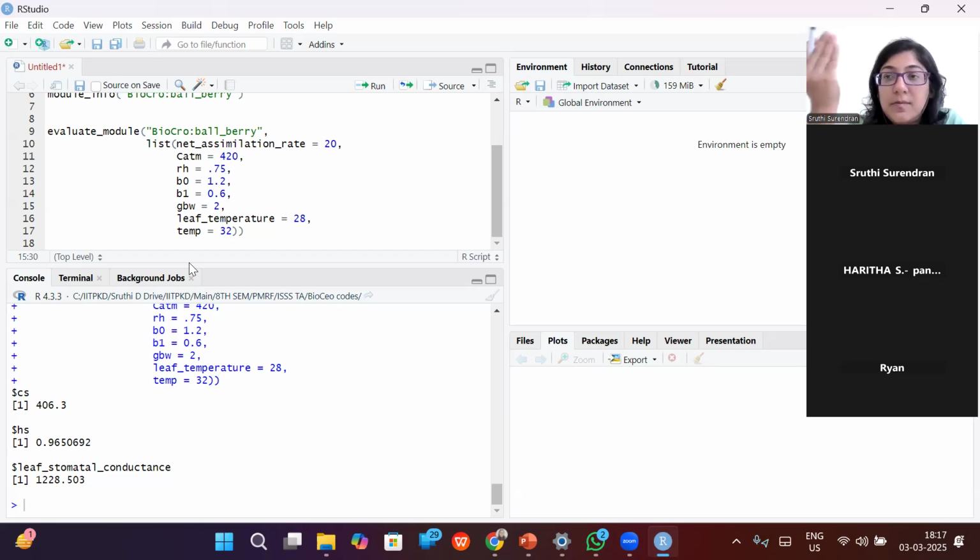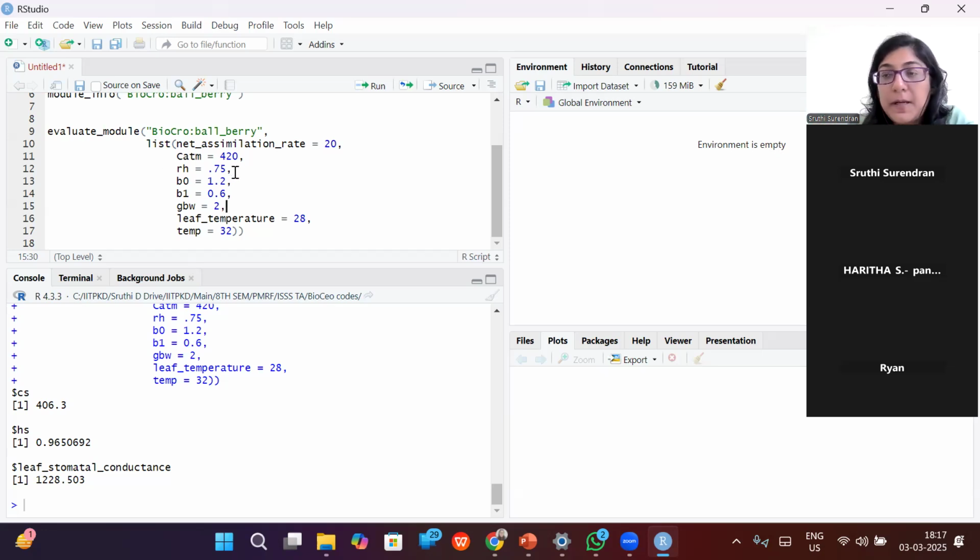So this is why we are finding out the Ballberry curve. It is to get the value of stomatal conductance irrespective of the carbon dioxide, humidity or photosynthetic rate, from a bunch of data that we already have.